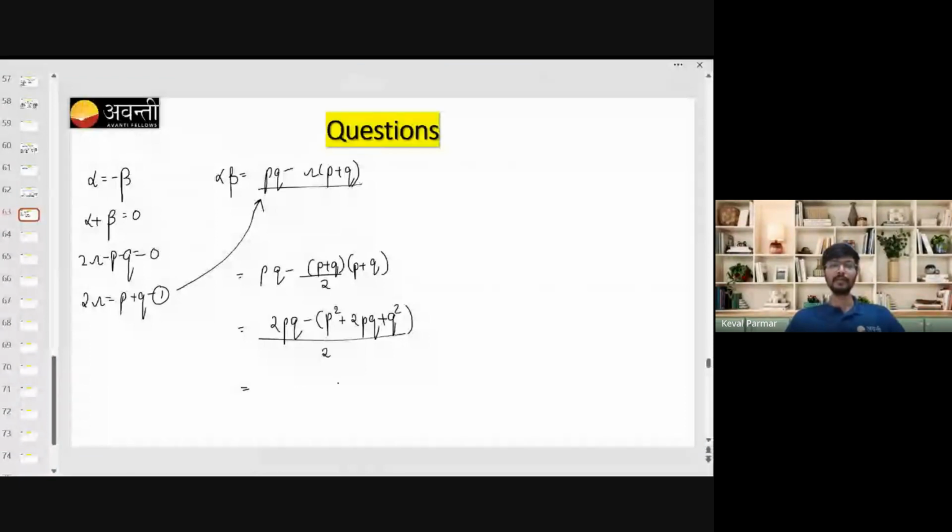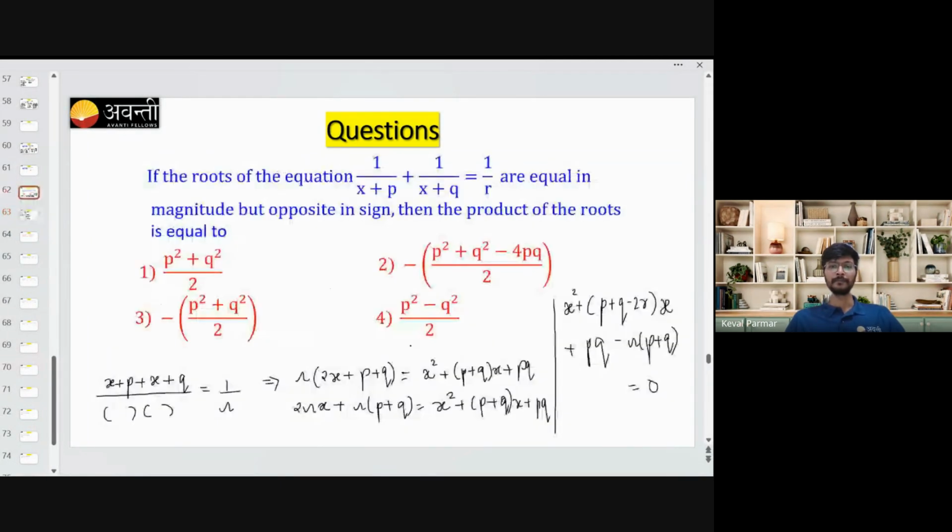Minus is common, the 2pq will get cancelled, as when we open the bracket, minus goes inside. So p square plus q square by 2. This is my answer: minus p square plus q square by 2, which is option number 3.